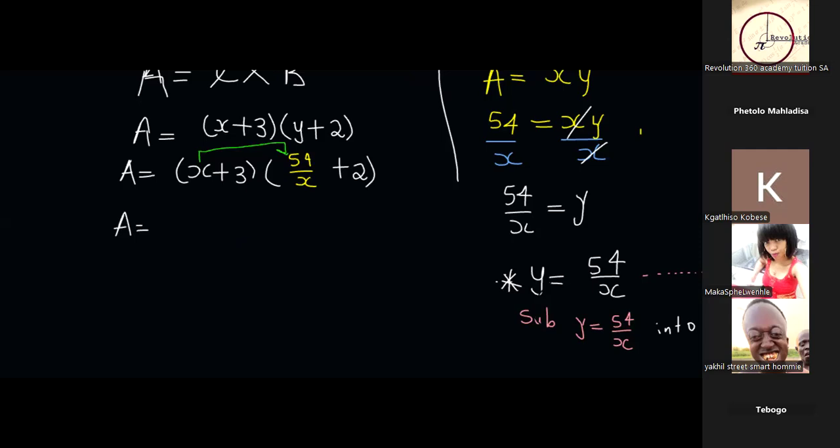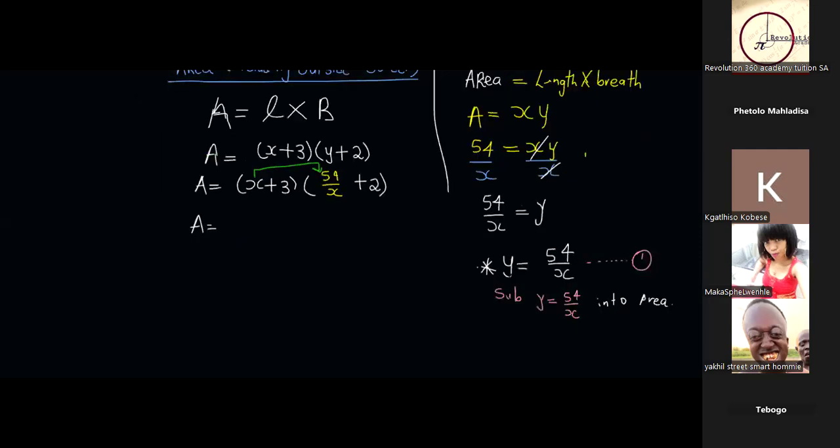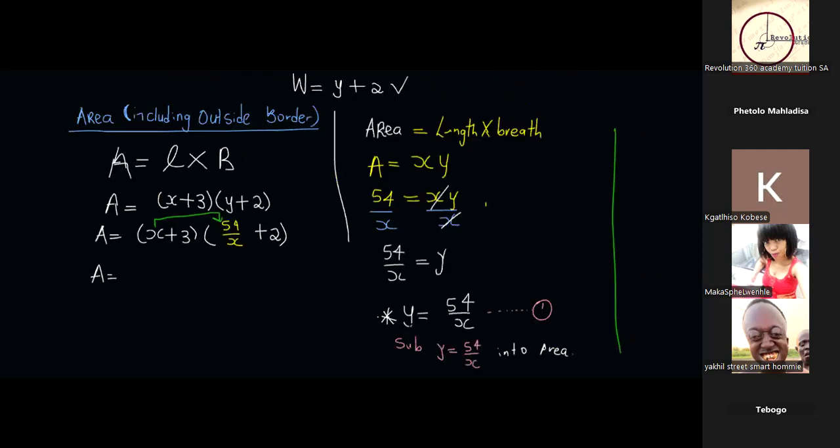But this one, you do it aside on a scrap paper. So when I'm saying you multiply, it will be x multiplied by that 54 over x. You can see that x cancels x. You're left with 54. So that 54 is the one that you're going to write here.